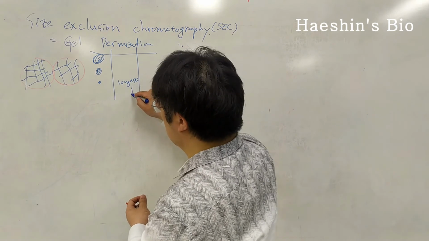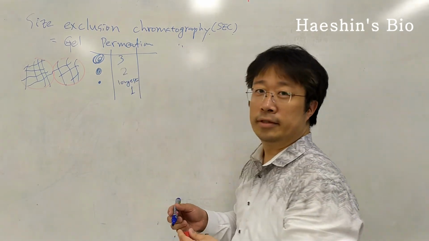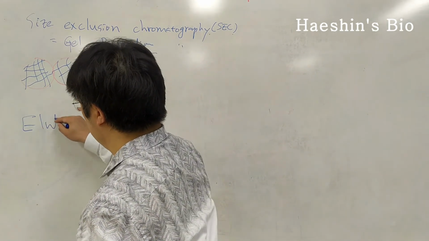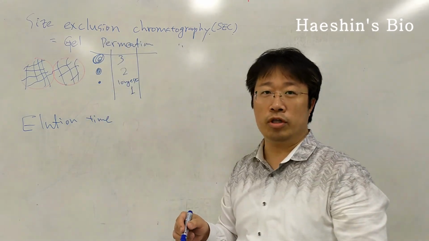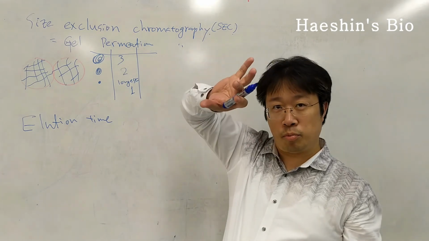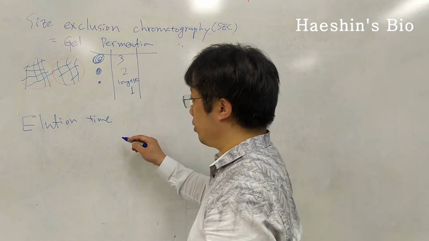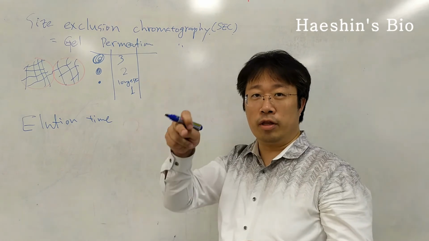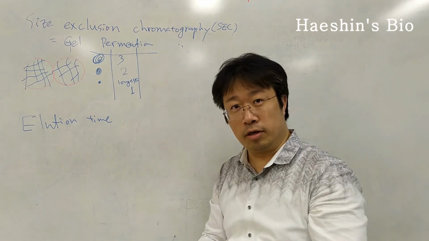I'll put number 1, 2, and 3. The elution time that we define: when we think about time 0, when we pour these proteins into the hydrogel, and then the elution time means when these proteins, whatever their pathway, reach the bottom of this big column.